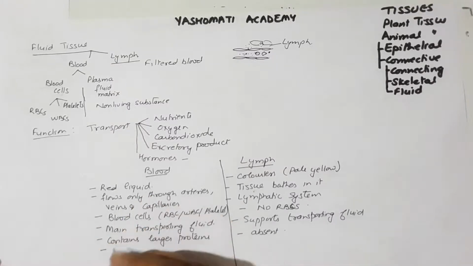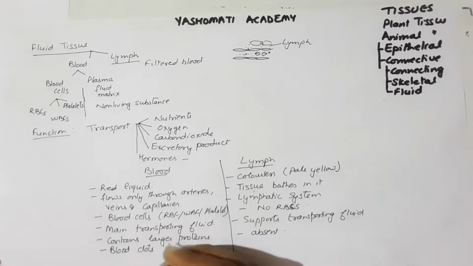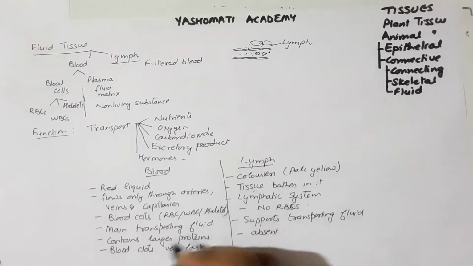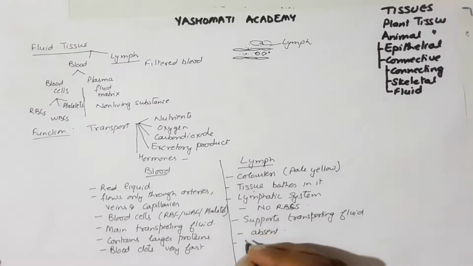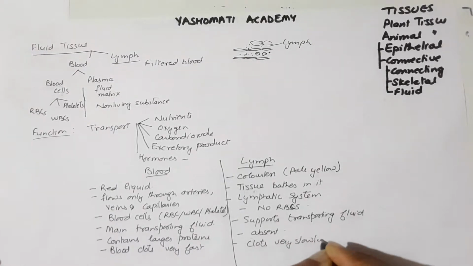Now, in case of blood, we know that blood clots very fast because the platelets get entangled in the fibrinogen, whereas the lymph clots very slowly, because it doesn't have blood cells.